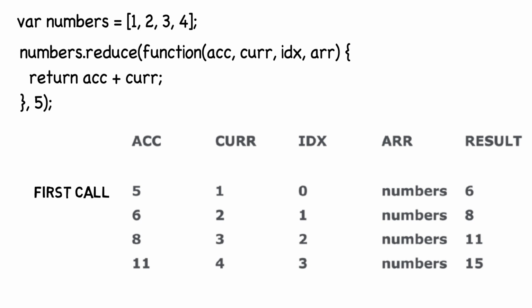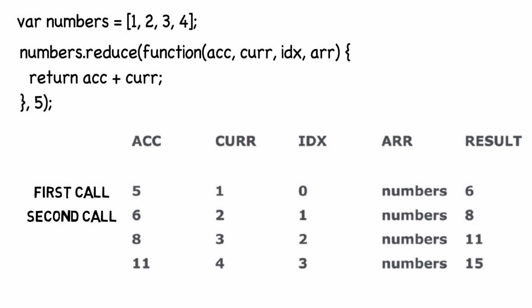The result of our code block of accumulator plus current value is 6. Remember, this is like a loop, so we are going to continue to move through our array. We have an accumulated value of 6. Our current value is 2 at index 1 of our array object. When we add the accumulator to the current value, we return a result of 8.